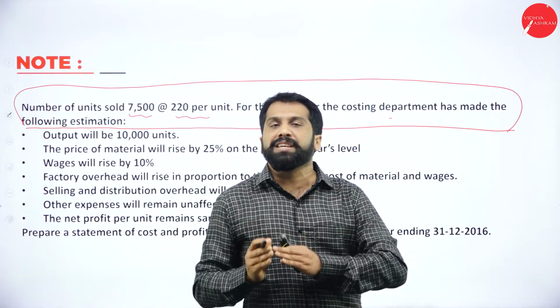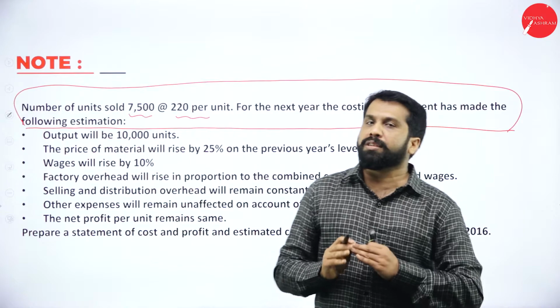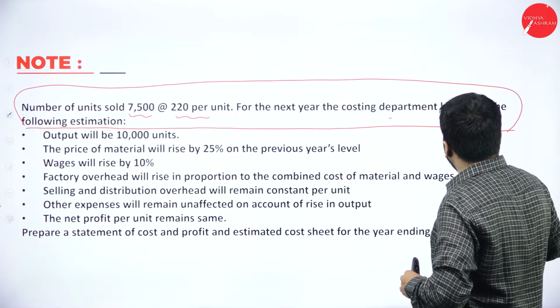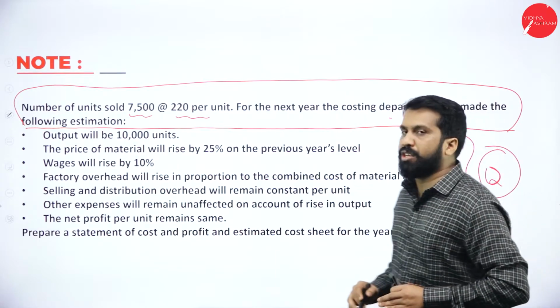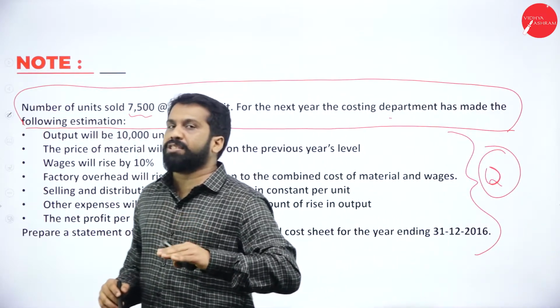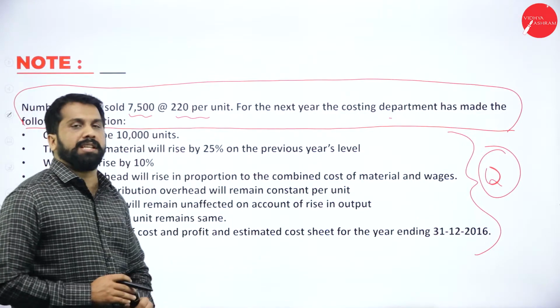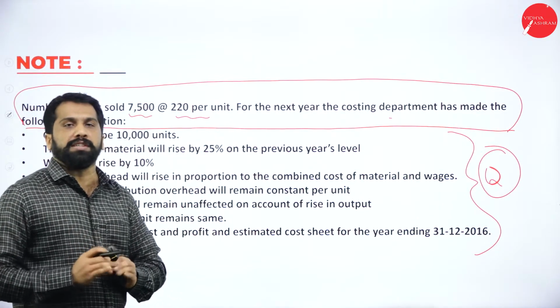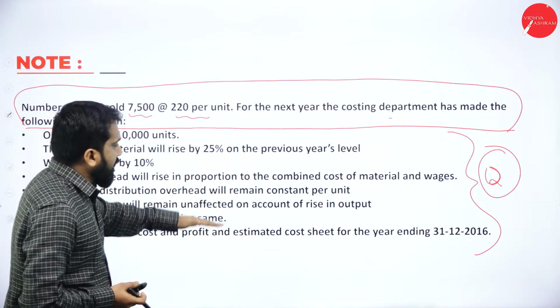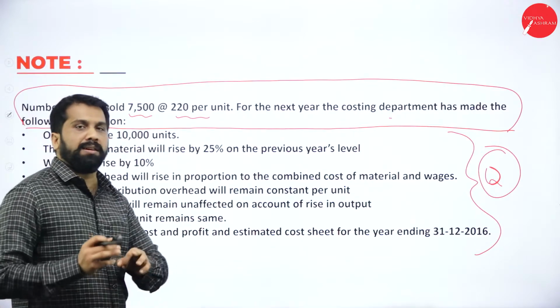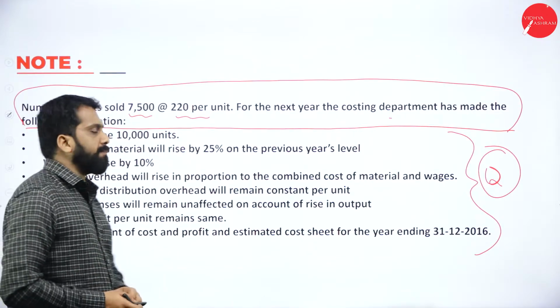Up to this, we consider for the normal cost sheet. Whatever other informations they have given, this is for quotation. Remember, your first cost sheet is done, and whatever further informations are given are all for quotation. We will understand and see that later. First, we'll prepare the normal cost sheet. We'll go for the answer.